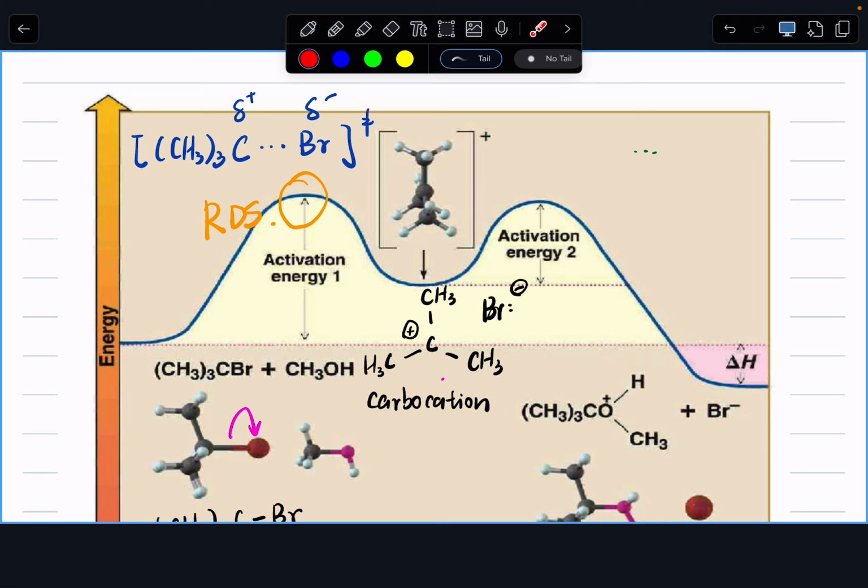So overall, if we give the reaction enough time at a certain temperature, as long as this activation energy is available at room temperature or we heat it up, there will be some carbon-bromine bond breaking taking place. Whether or not it will stay here is out of our question. Eventually we have the reaction taking place and we're forming the more stable product at the very end. The fact that our final product is more favorable compared to my starting material is called the driving force of the reaction. Okay, thank you.